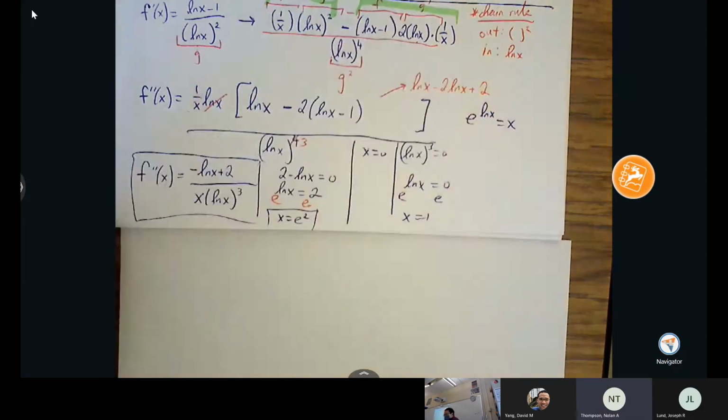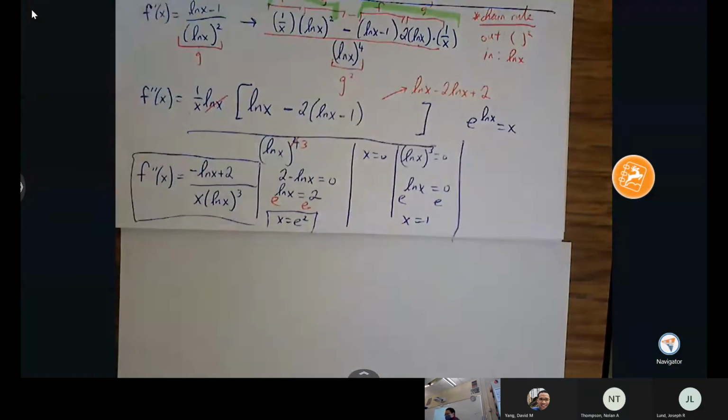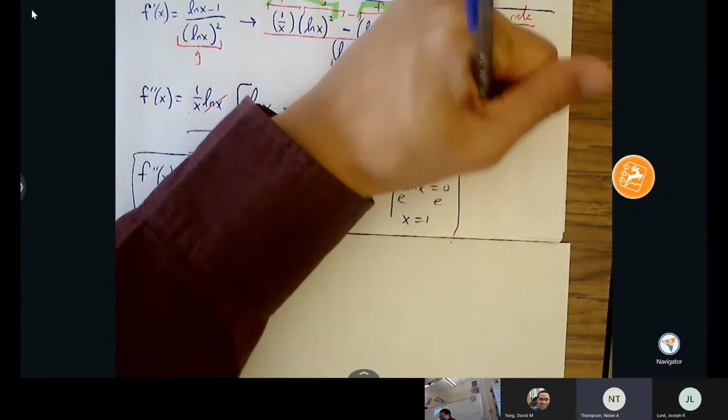You get x equals 1. Okay, so f double prime, here's our sign line.